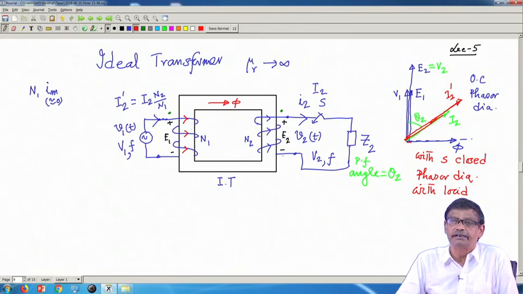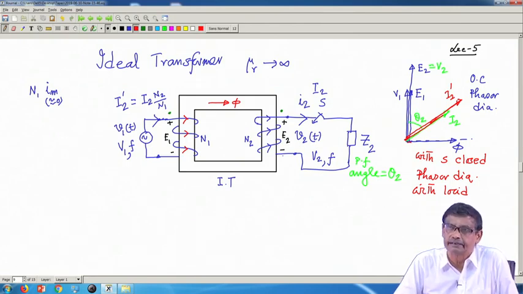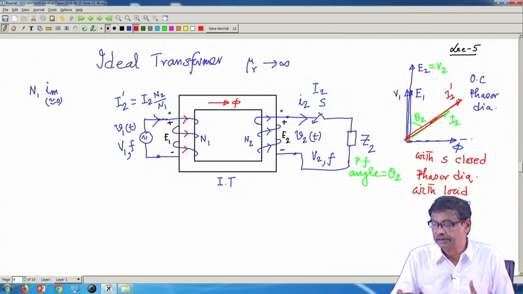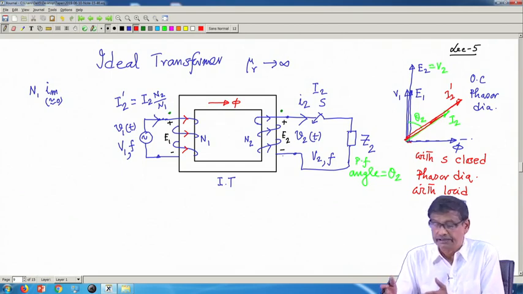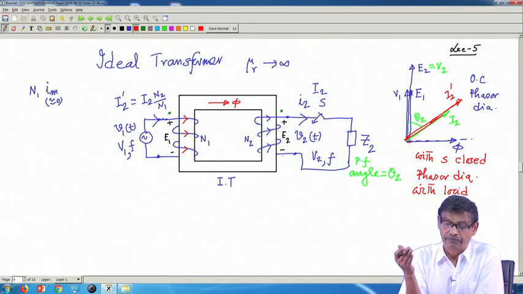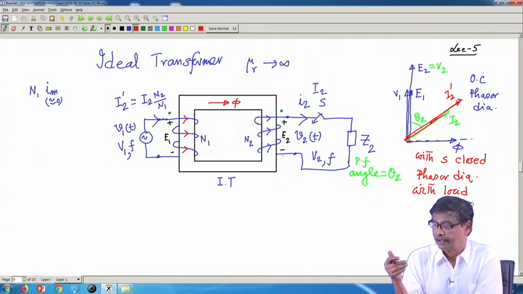Load can only be connected on the secondary side. So, this in simple terms is the phasor diagram of an ideal transformer under no load and loaded condition.